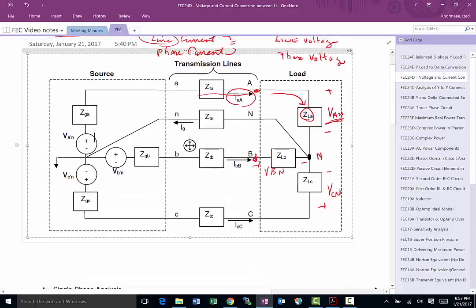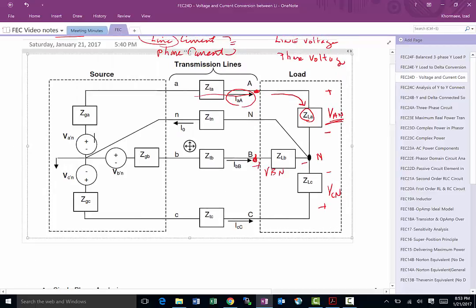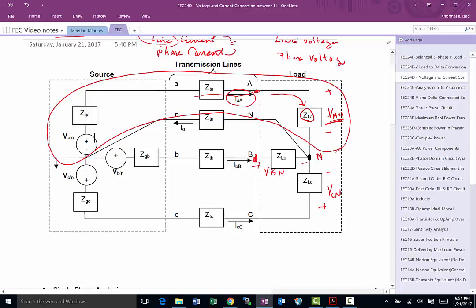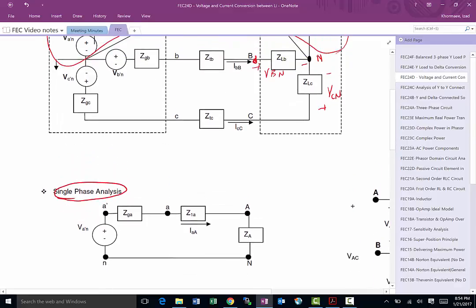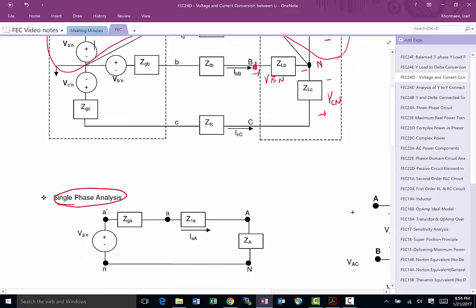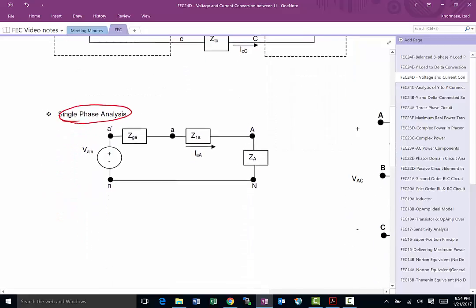As we talked about a little earlier, when we are analyzing this and trying to find phase voltage and phase current, the easiest thing is to just focus on one phase, and once we've found that, shift it by 120 degrees to find all the other phases. That process is referred to as single-phase analysis, and you literally take one phase out and redraw it, which we did over here.